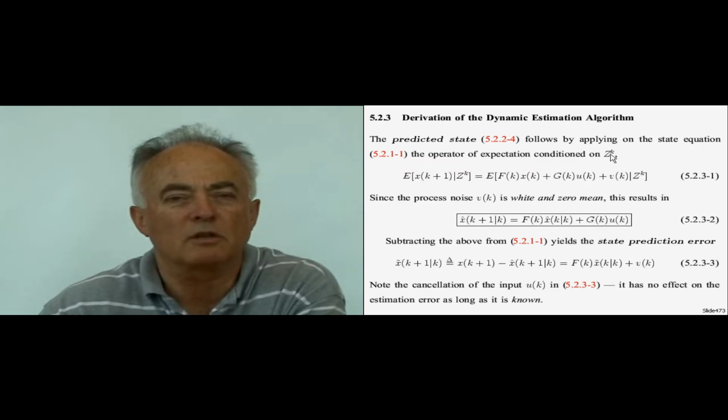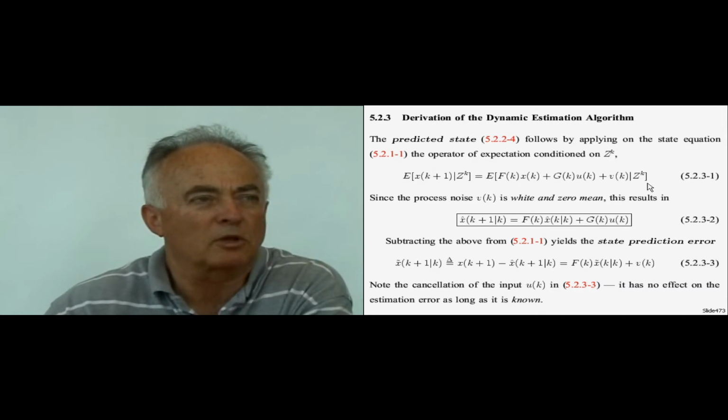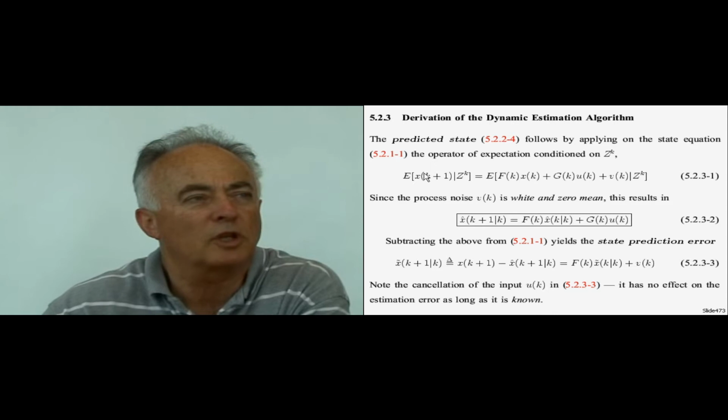So this is again information prior to time k plus 1, expected value given z super k of xk plus 1, and xk plus 1 is to be replaced now by the dynamic equation. That's fk xk plus gk uk plus vk.